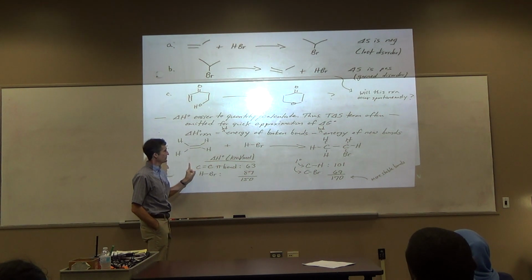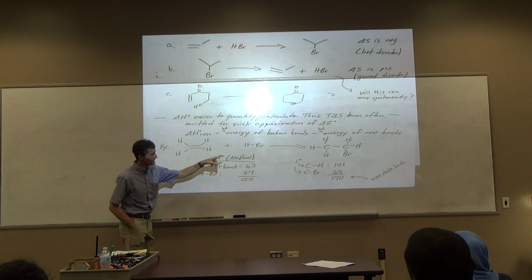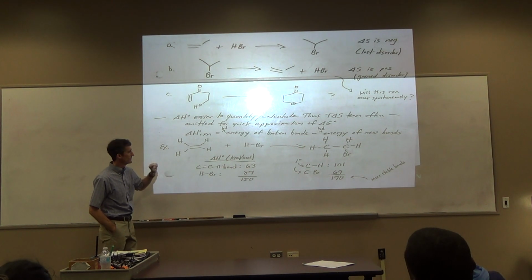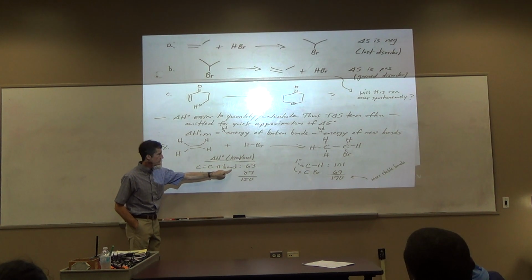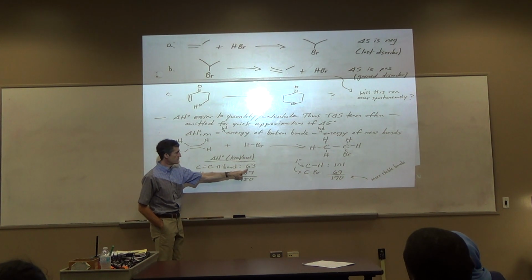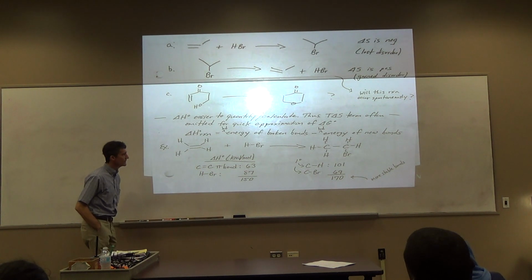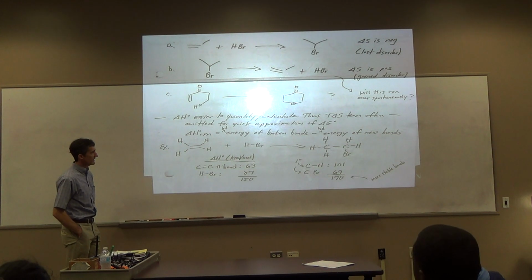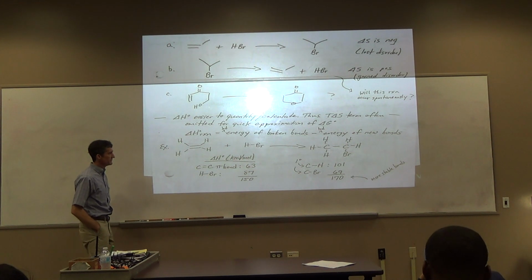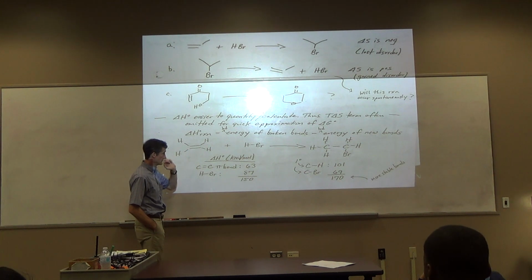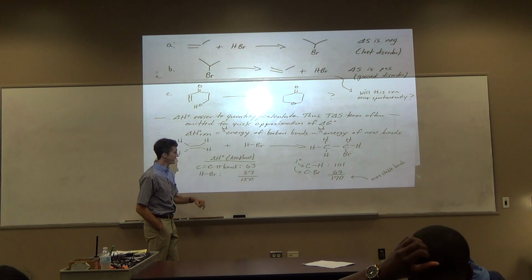We need to look at what bonds are broken. The pi bond is broken, it's gone. The pi bond is worth 63 kcal per mole. That's the bond strength. It's the amount of energy it takes to break the bond.